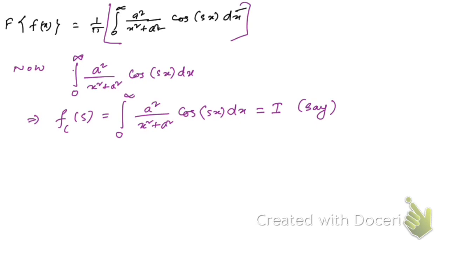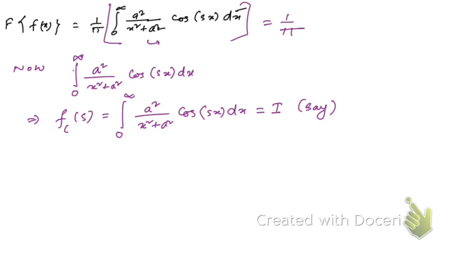One more thing, if we take this one as f of x, we can write the Fourier transformation small f of x is equal to 1 by pi times this part, which we have taken as the Fourier cosine transformation of small f of x, right? This is the part we had taken according to the definition of the Fourier cosine transformation.